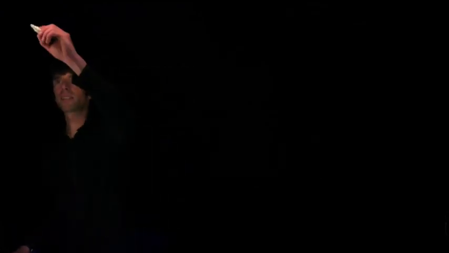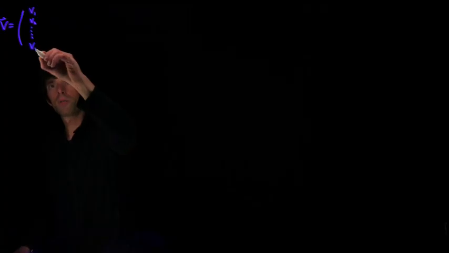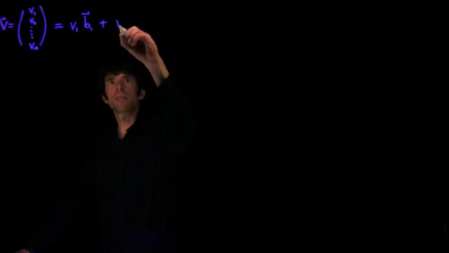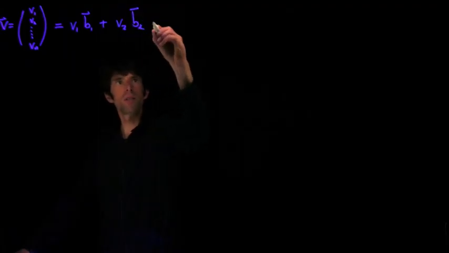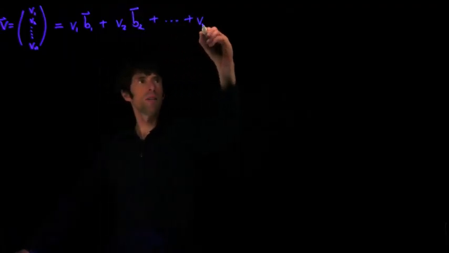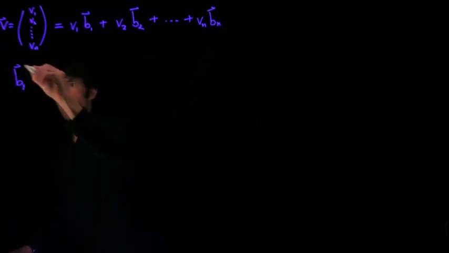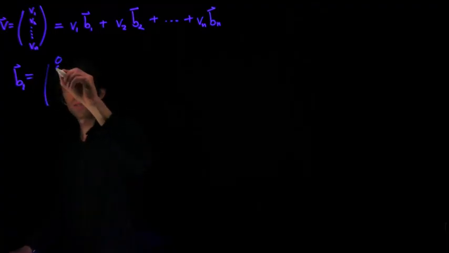So I want to put this observation about linearity to use here. Let's suppose that we have a vector, I'll call it v, and the components will be v1, v2, up to vn. And I can write this as a linear combination of the standard basis vectors. So I can write this as v1 times b1 plus v2 times b2, dot, dot, dot, up to vn times bn, where bi is the vector that has 0, 0, dot, dot, dot.